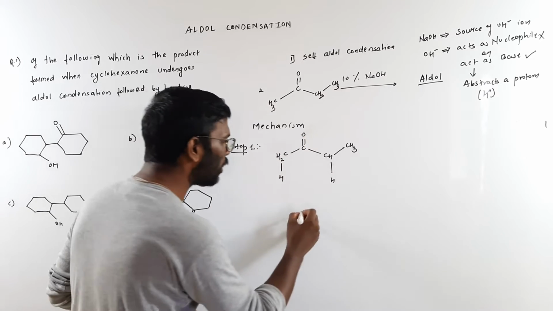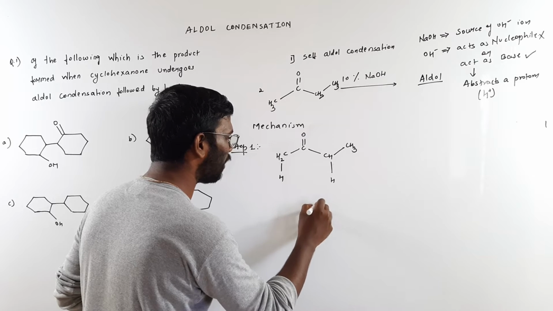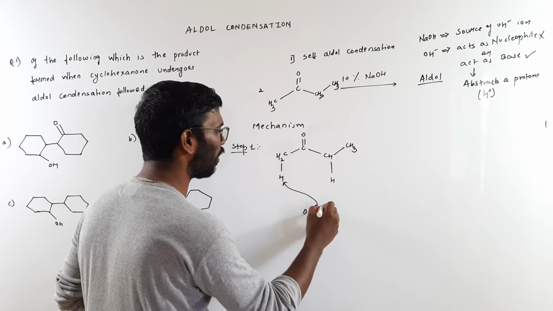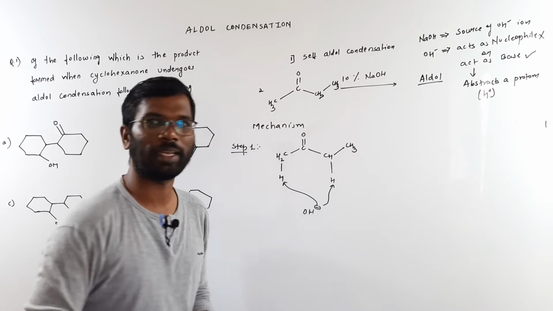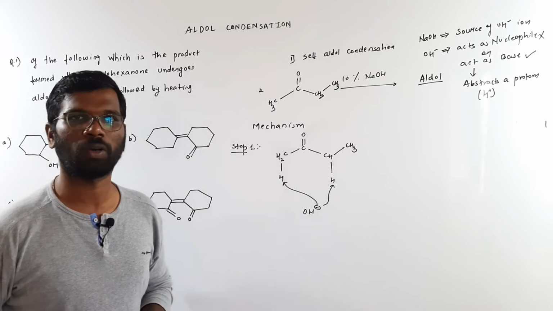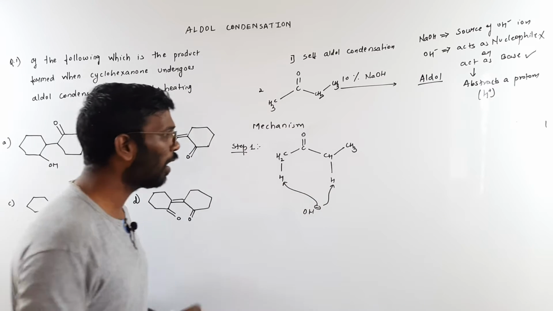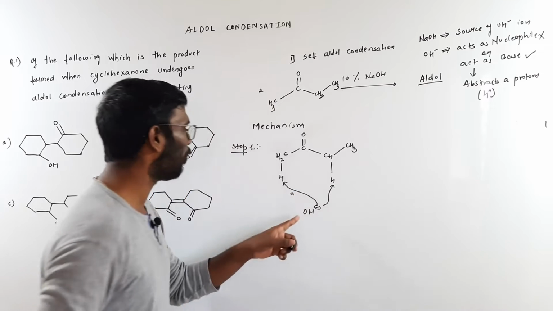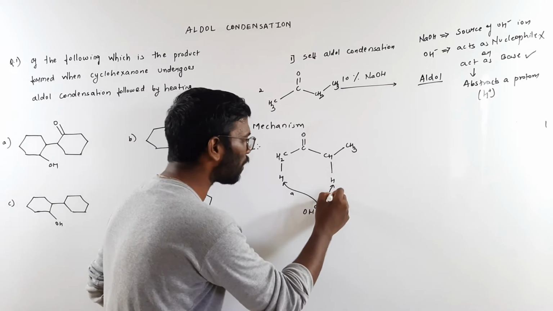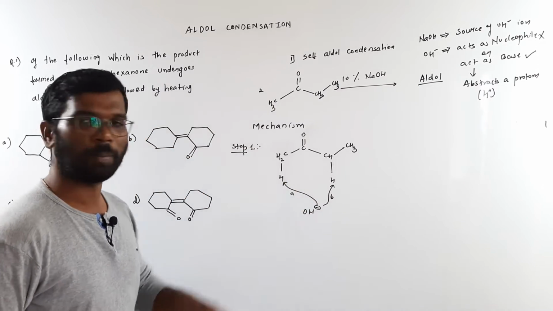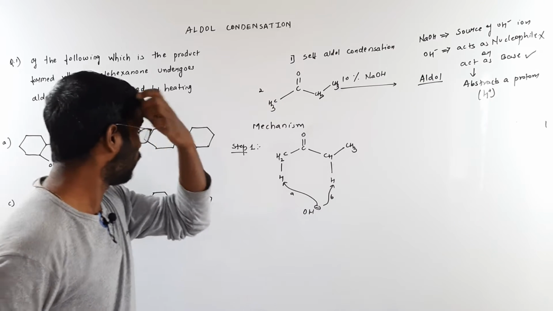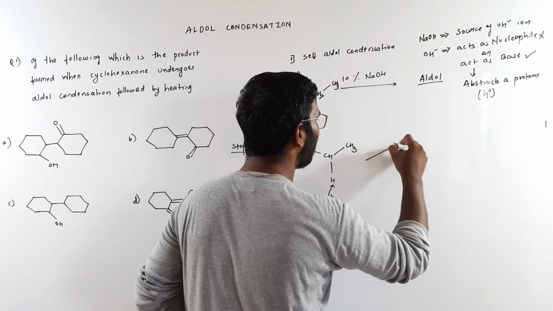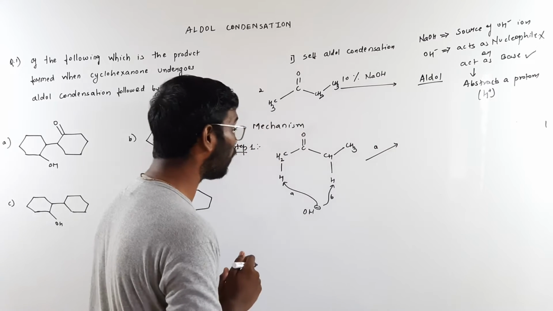OH minus can abstract this hydrogen, or the other possibility is that it can abstract this hydrogen also. I'll mark this as A, and if it abstracts the other one, I will mark this process as B. So what is the possibility?